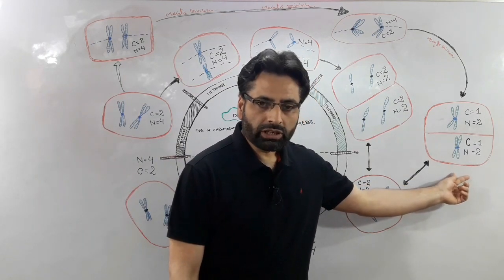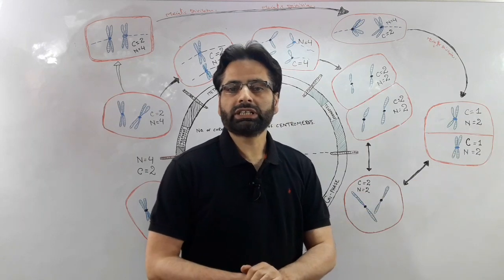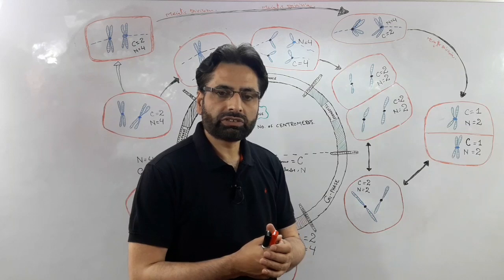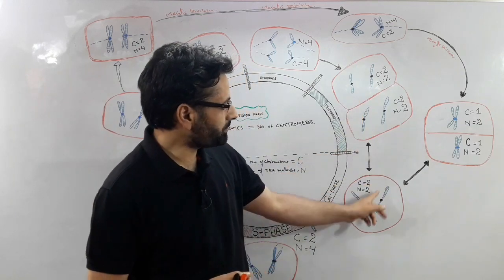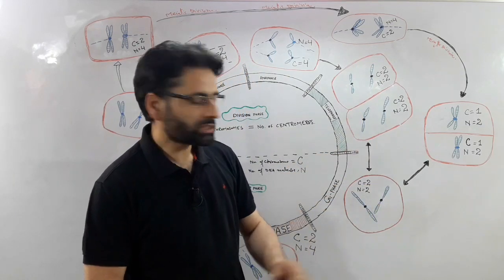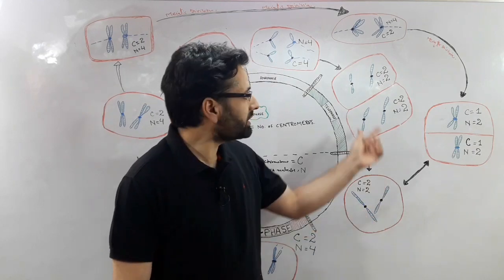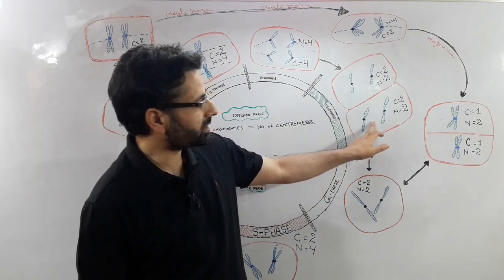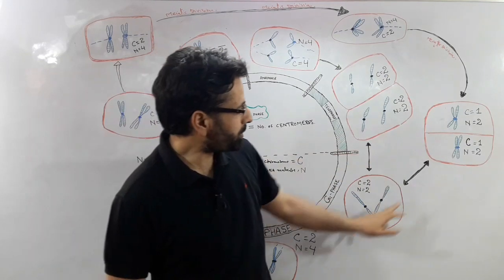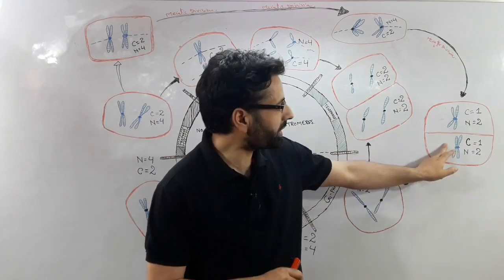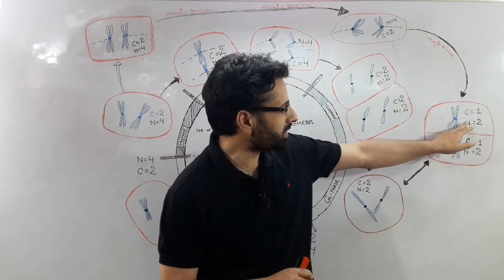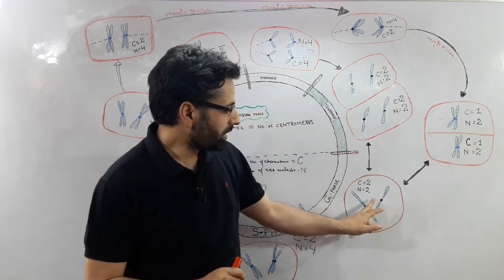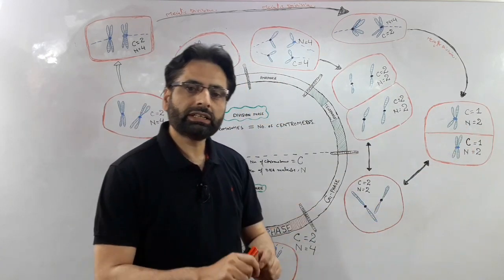And as a final product, at this point we say that meiotic division is the reduction division, or the meiotic first division is a reduction division, and mitotic division is an equational division, because with respect to the parent cell we have an equal number of chromosomes and an equal number of DNA molecules, and with respect to the meiotic first division we have these two cells where the number of chromosomes is half that present in the parent cell.